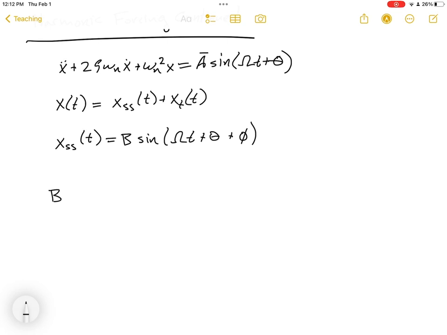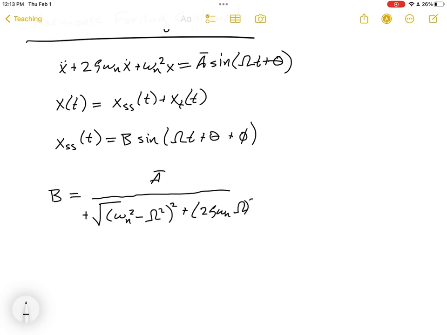The magnitude b is going to be equal to a bar divided by the positive square root of omega n squared minus capital omega squared, and that whole quantity is squared, plus 2 zeta omega n times capital omega, and that quantity is squared, so this square root goes over the whole thing.